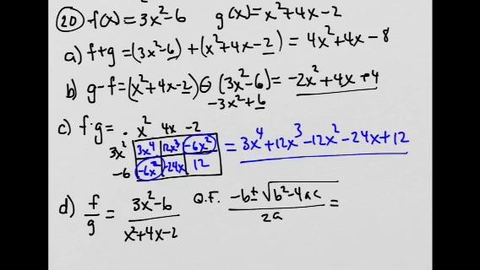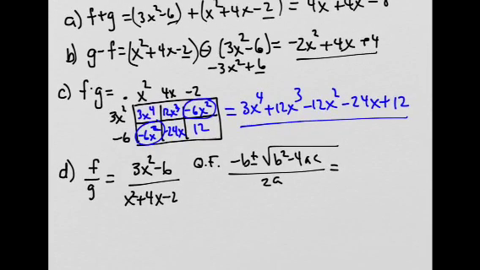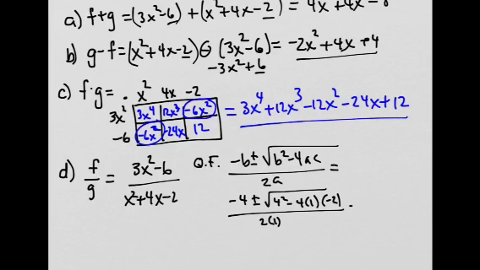Negative b would be negative 4 plus or minus the square root. B squared would be 4 squared minus 4 times a times c all over 2a, which is 2 times 1. So inside the radical, I get 16 plus 8, which is 24.